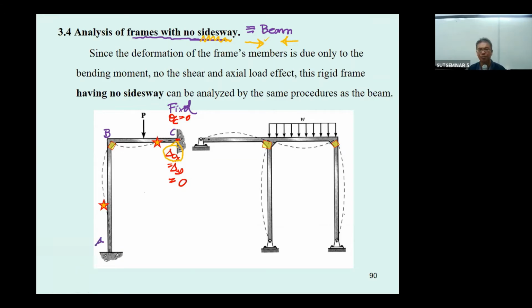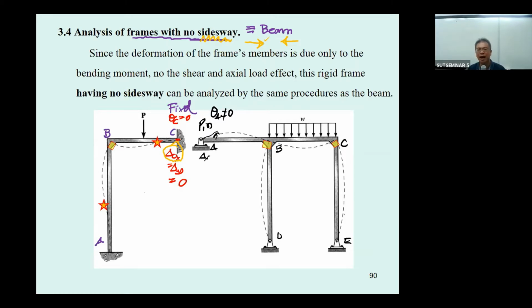And then consider this, you have this one as the pin support. At the pin support, let's say this is going to be the points A, B, C, D, and E. You may have theta sub A not be 0 due to the rotation over here.